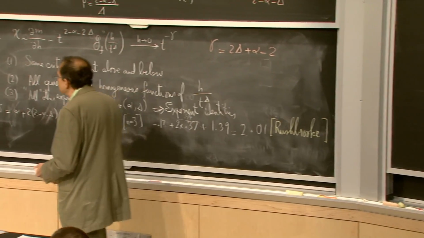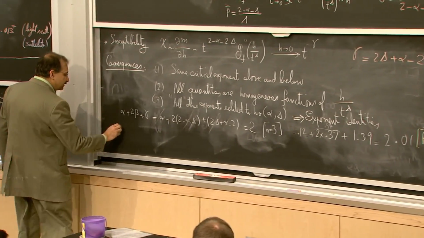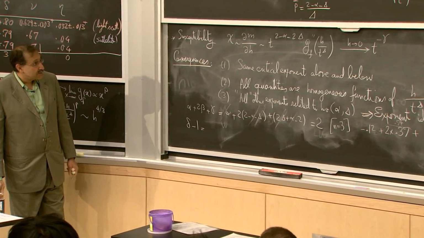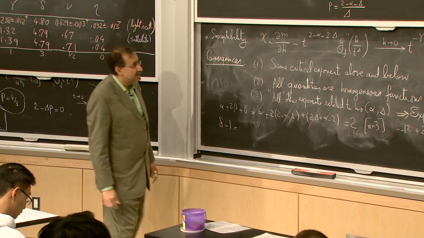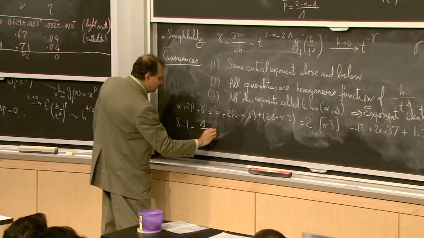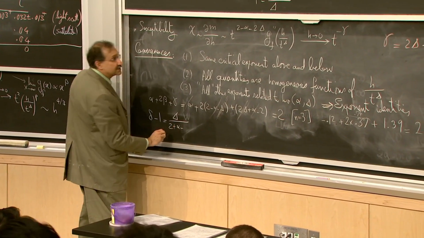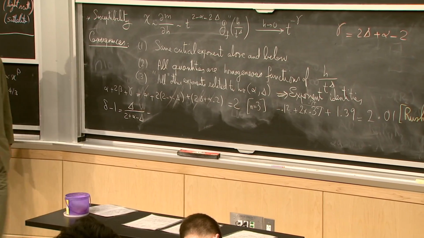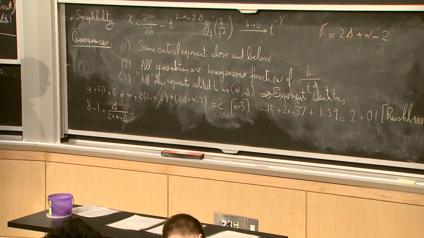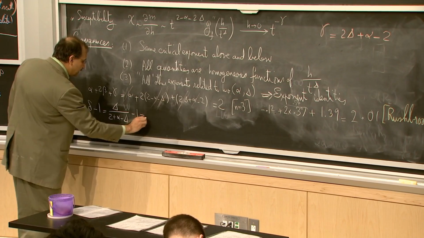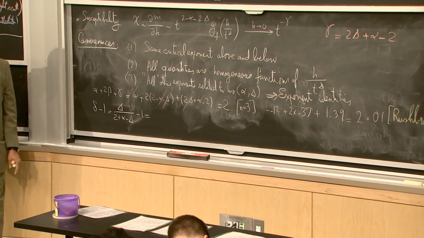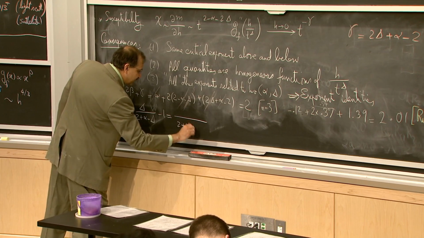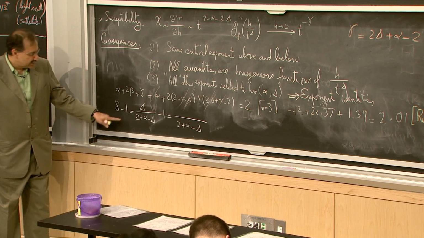Let's do another one. So let's do delta and subtract 1 from it. What is my delta? I have delta to be 2 plus alpha minus delta, over delta. This is small delta versus big delta. And then I have minus 1. So taking that into the numerator, with the common denominator of 2 plus alpha minus delta.